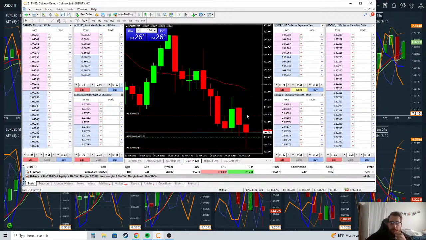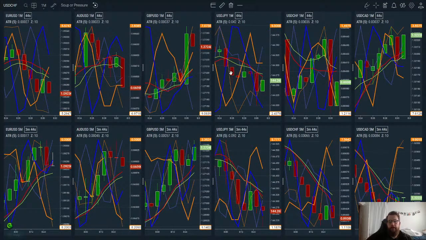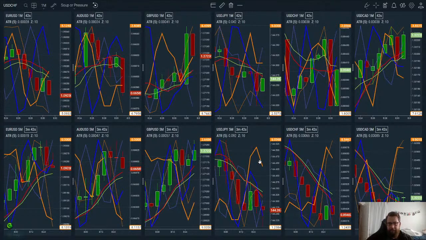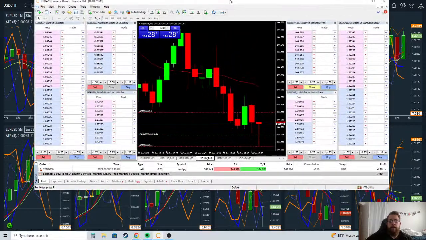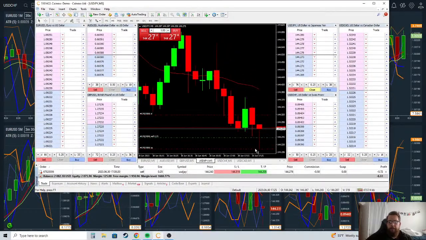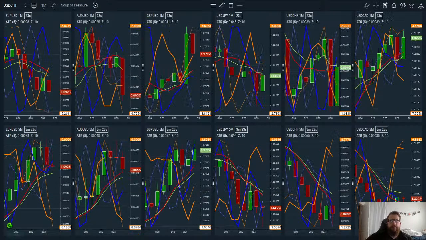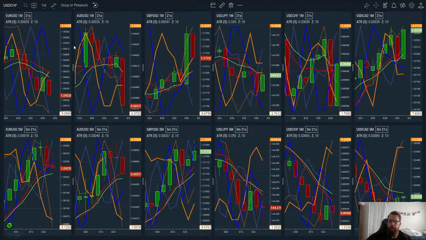Oh no. Let's look at the chart. Yeah, all the TNTs look real good. Oh man, I can't believe it literally touched it, but the spread just didn't let it happen. Stupid spread.